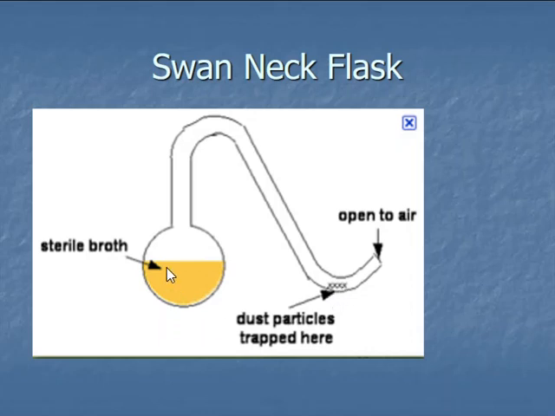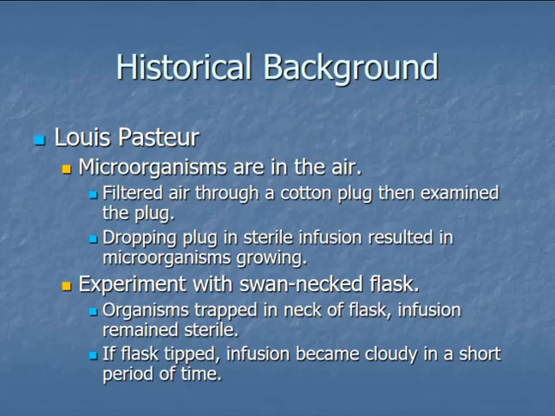So he would then boil this, sterilizing the broth, and let it set. Nothing would grow until he would then tip this over just enough that the broth could touch down in the area where the dust particles are trapped, and then set it back upright and watch it grow. And then he would see the growth in the broth.